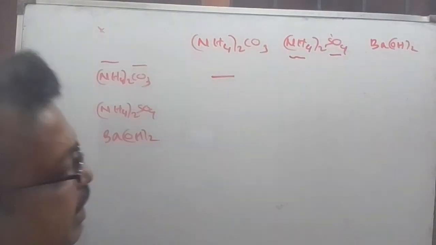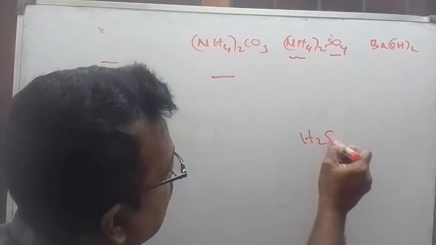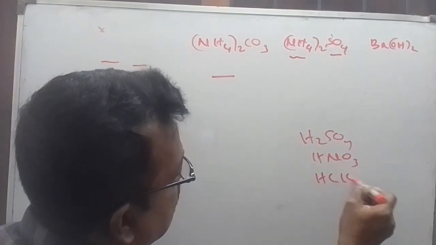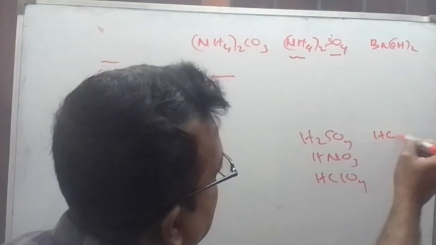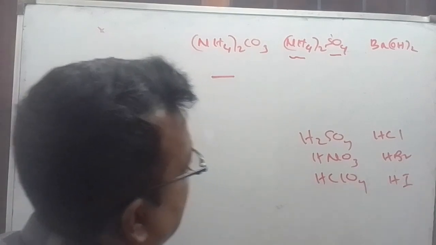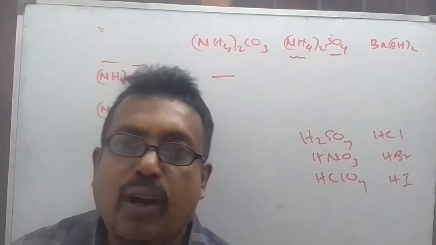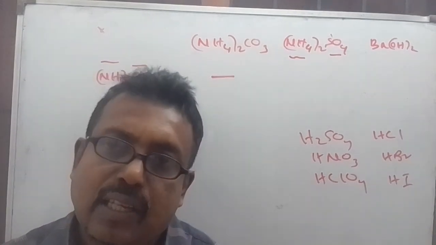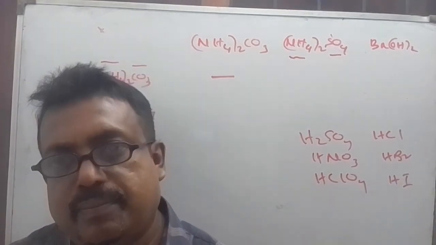What are the strong acids? You know that? Sulfuric, nitric, perchloric, HCl, HBr and HI. These are the strong acids. Salts of strong acids and weak bases show acidic character.